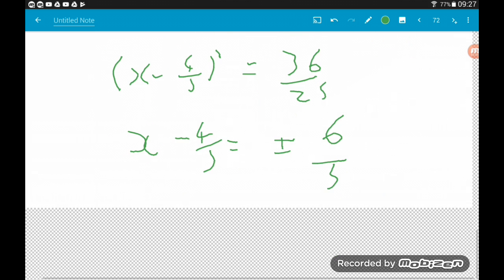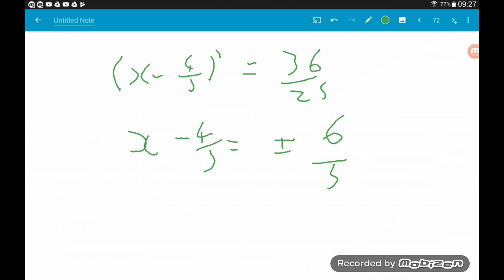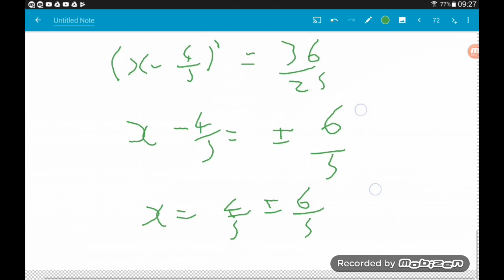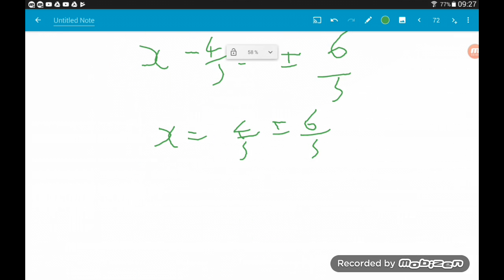Good times. So then we get, if we add 4 fifths, x is equal to 4 fifths plus or minus 6 fifths. So we actually get 2 alright-ish solutions.